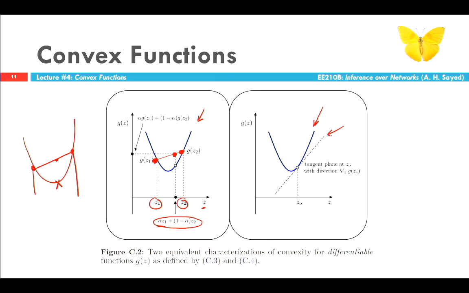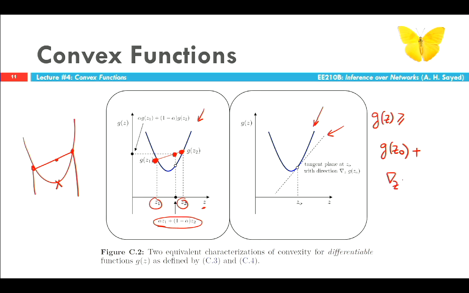And this is actually the equation of the tangent to that function at location z0, because just think about it in terms of one dimension. What's the slope of that line? The gradient. So what this equivalent characterization of convexity is saying is that the convex function is always bounded from below by the tangent at any point z0.